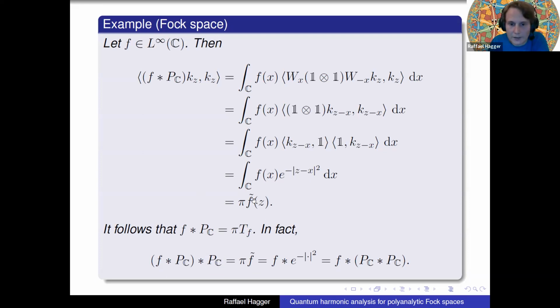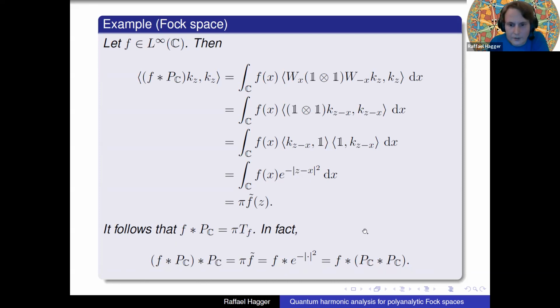And we've shown that this results in pi times the Berezin transform of F, which is just F convolved with this exponential, with this Gaussian. And it's easy to check that the convolution of P with itself is exactly this exponential. So we showed some sort of associativity here, right? We can compute this first, or we can compute this first, and we get the same thing.